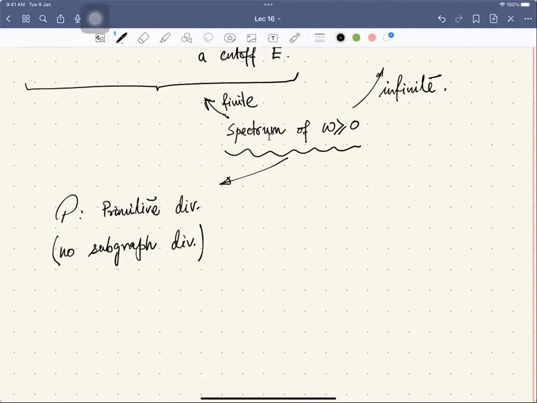Then there are other graphs which have non-primitive divergences. Their omega is greater than or equal to 0, but the divergence is coming from a subgraph. So let me denote them by curly E. They have non-primitive divergence.